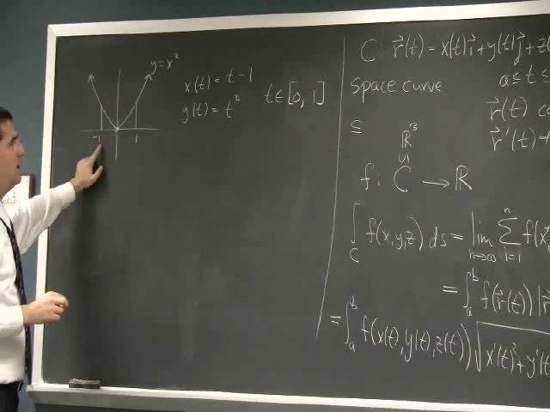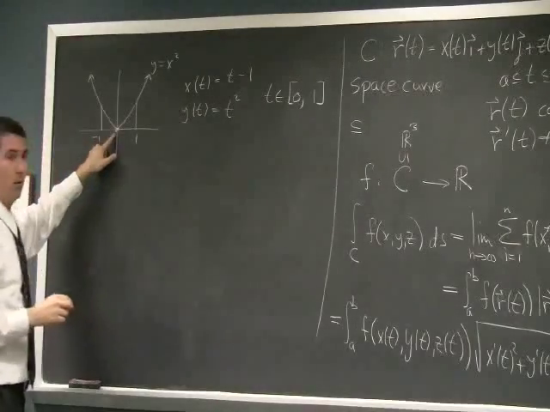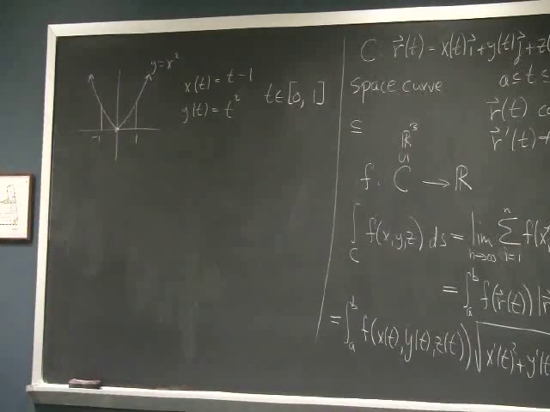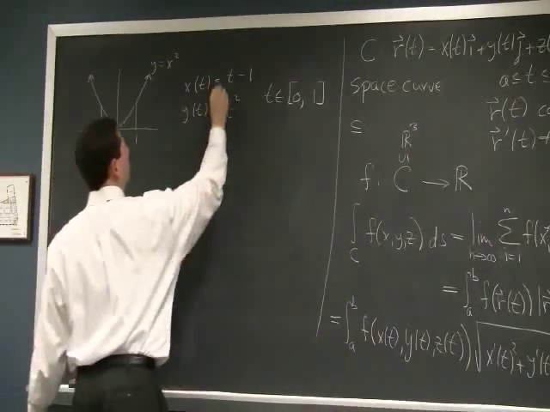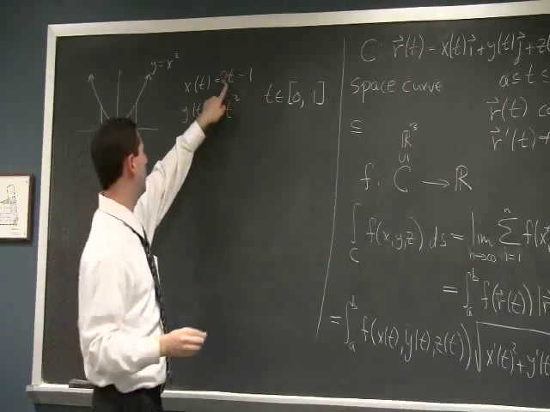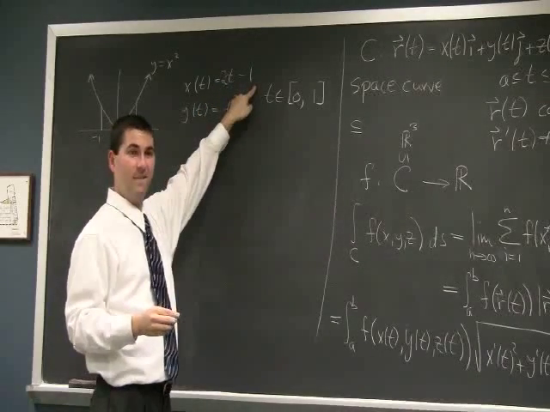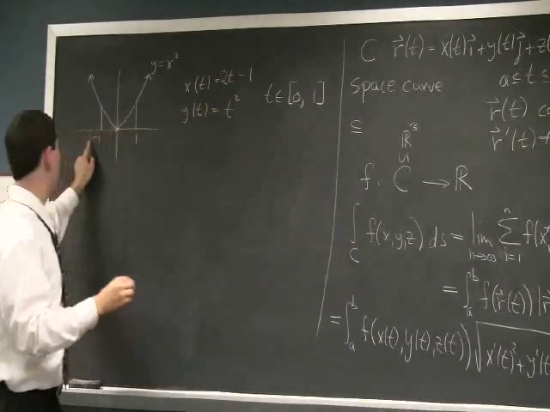And then we need to be trickier, because now when t is 1, it only goes to 0. So how can we do this? How about 2t minus 1? So now when t is 0, you get minus 1, and when t is 1, you get 1. So the x range would go from minus 1 to 1.